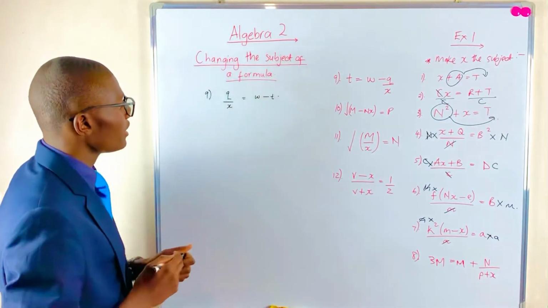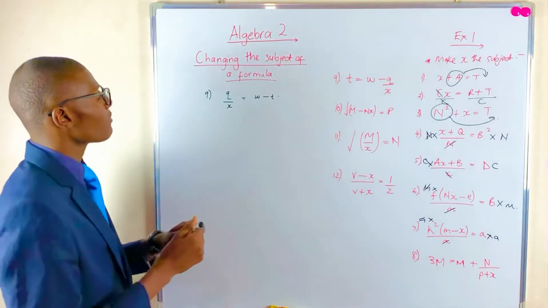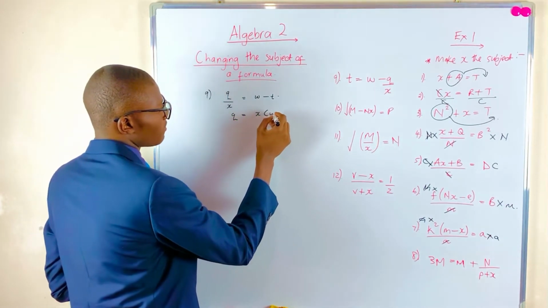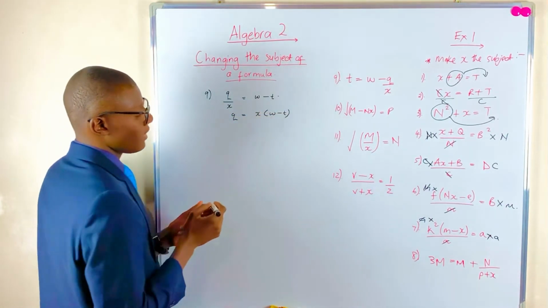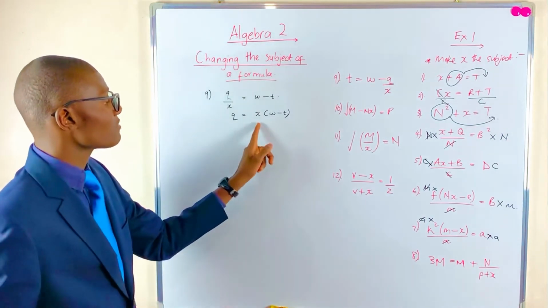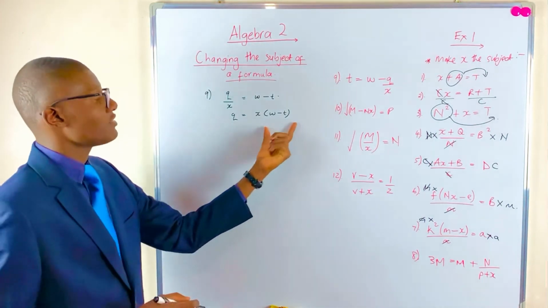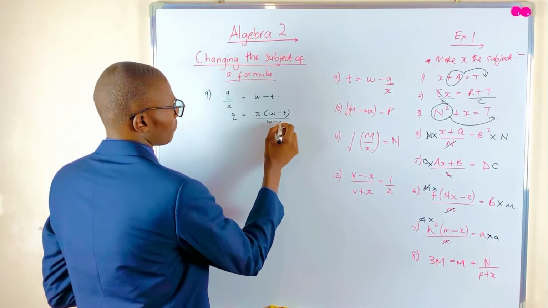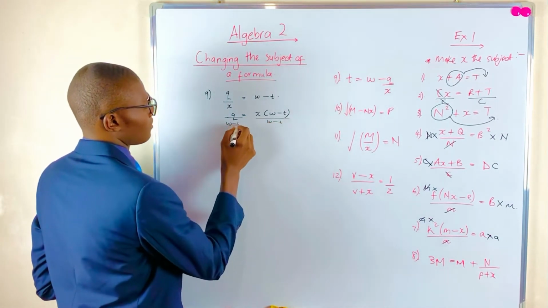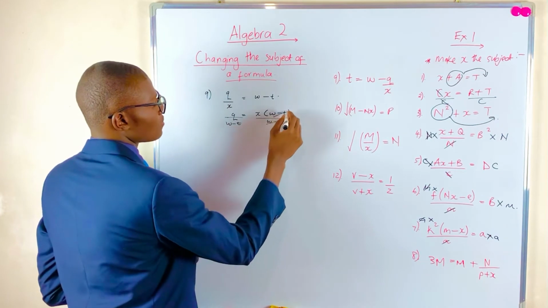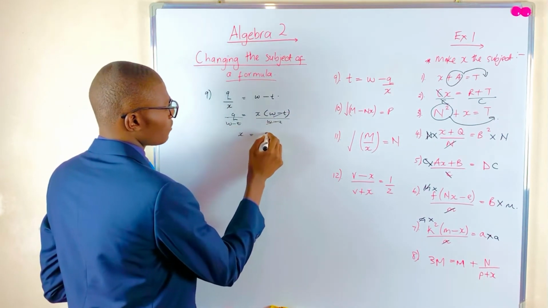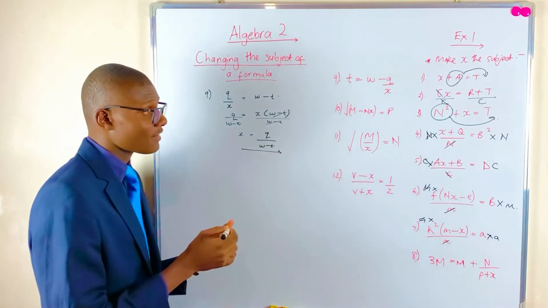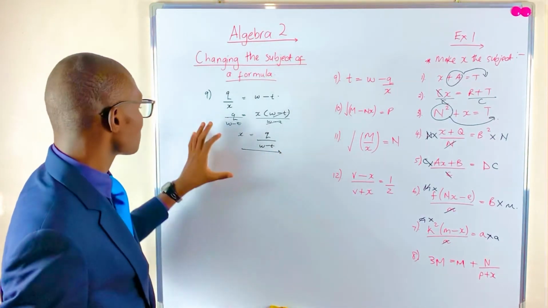And then of course we can multiply both sides by x, such that q would be x times w minus t. Then making x subject of the formula, we are dividing both sides by w minus t, such that this and this will cancel. Then x will be equal to q over w minus t, is the final answer. This is for number 9.